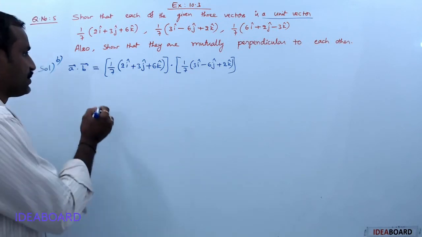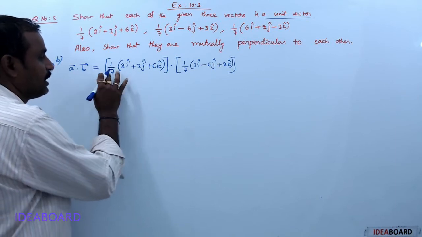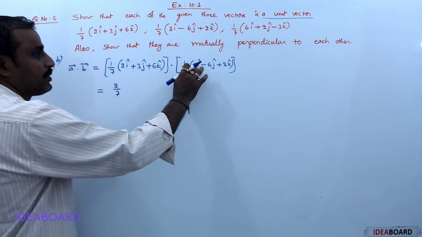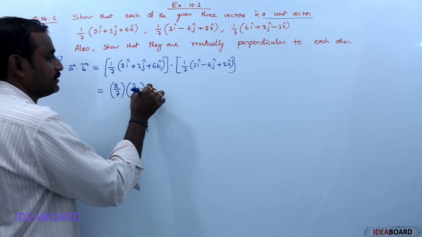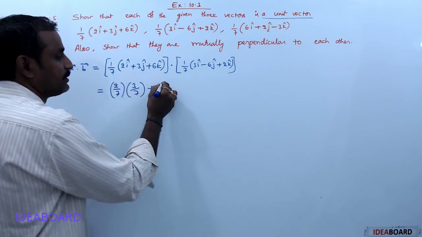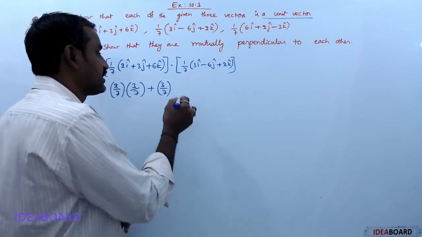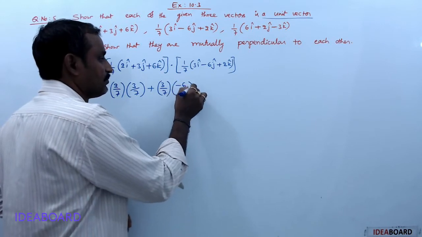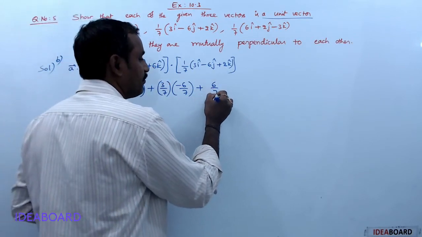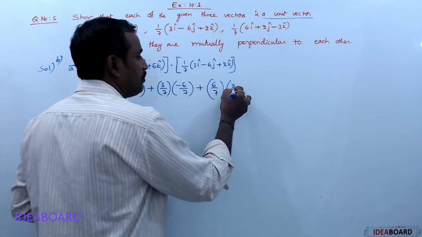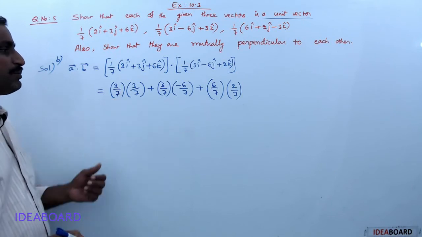So first vector i coefficient 2 by 7, multiplied by 3 by 7, plus next j coefficient 3 by 7 in the first vector and minus 6 by 7 in the second vector, plus k coefficient 6 by 7 in the first vector and 2 by 7 in the second vector. Now the denominator: 7 into 7 is 49.